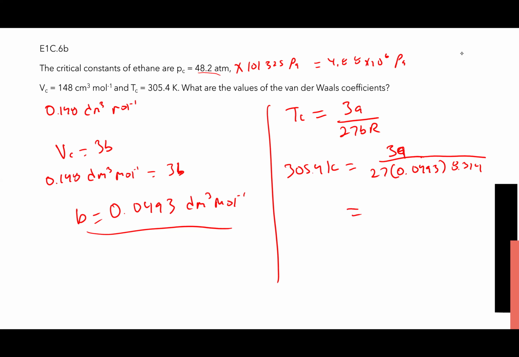Let's do some simplification. The bottom is 27 times 0.0493 times 8.314, which is 11.067. So 8A is going to be equal to 305.4.